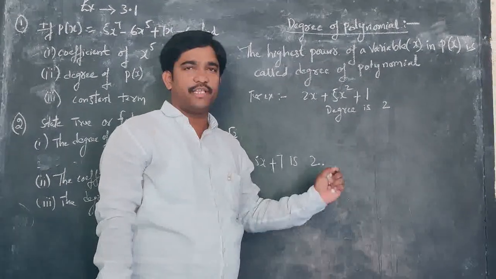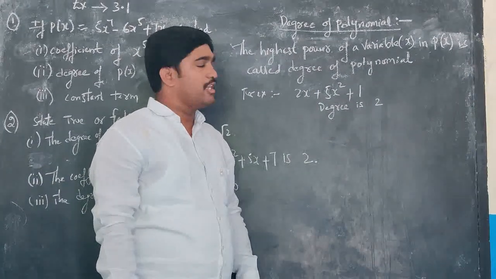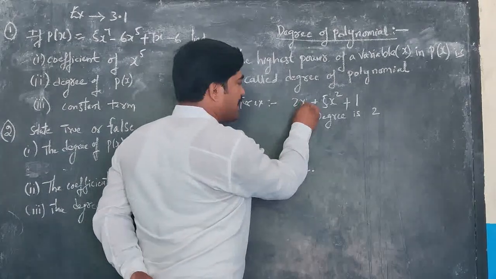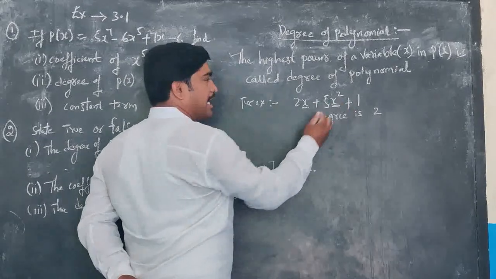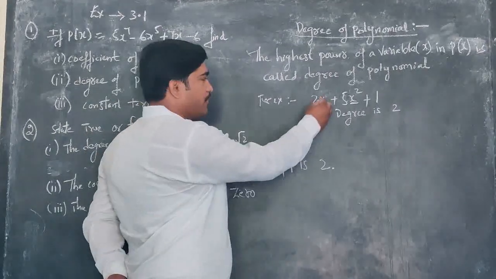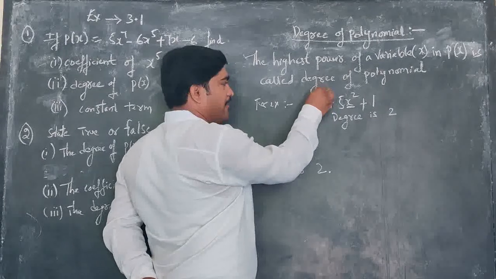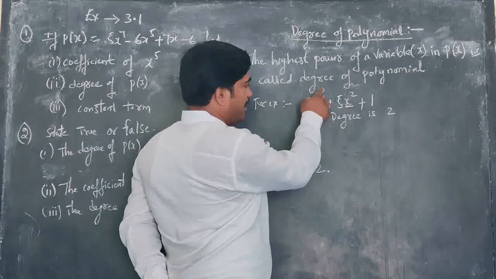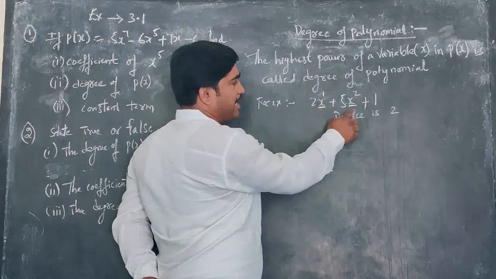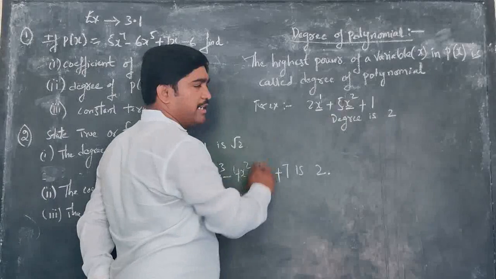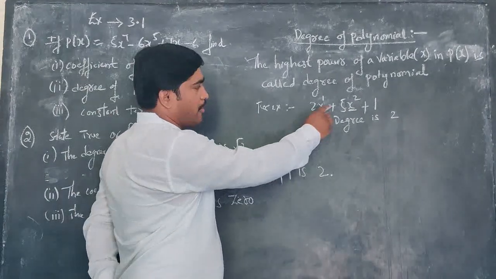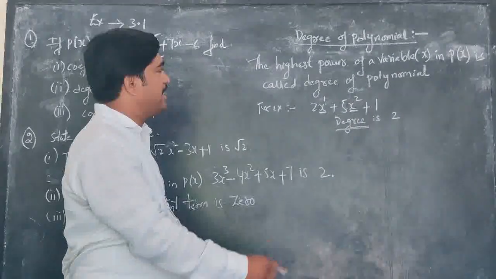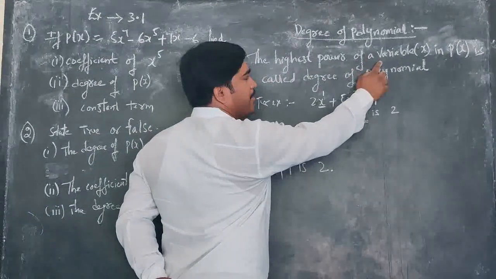Now, how to find the degree of this polynomial? First we should check out what the variables are. Here x is a variable, similarly here x square is also a variable. Now if you check out the power for x, nothing is given. When no power is given, we should consider that as 1. So 2x power 1 plus 5x squared plus 1 are the three terms which form a polynomial. Now to check the degree, I said the highest power of a variable x.